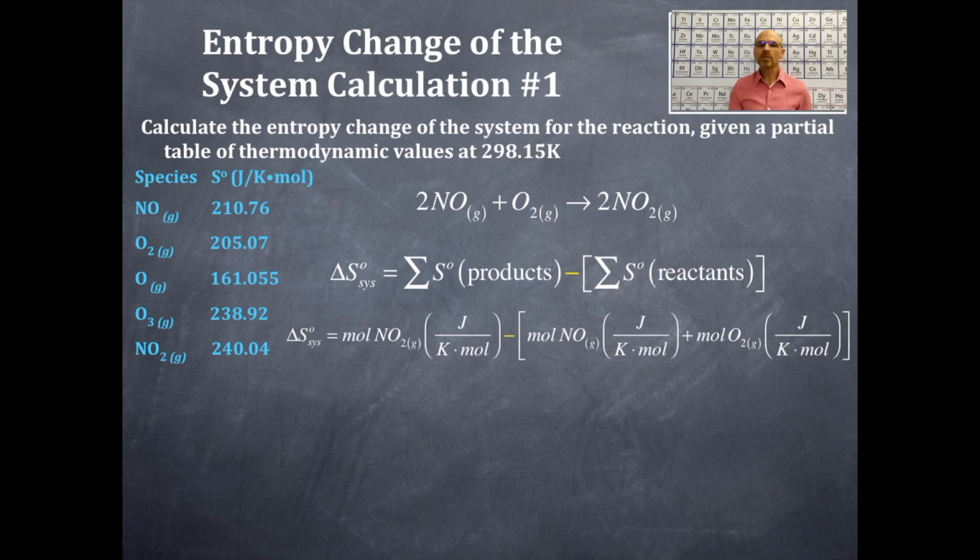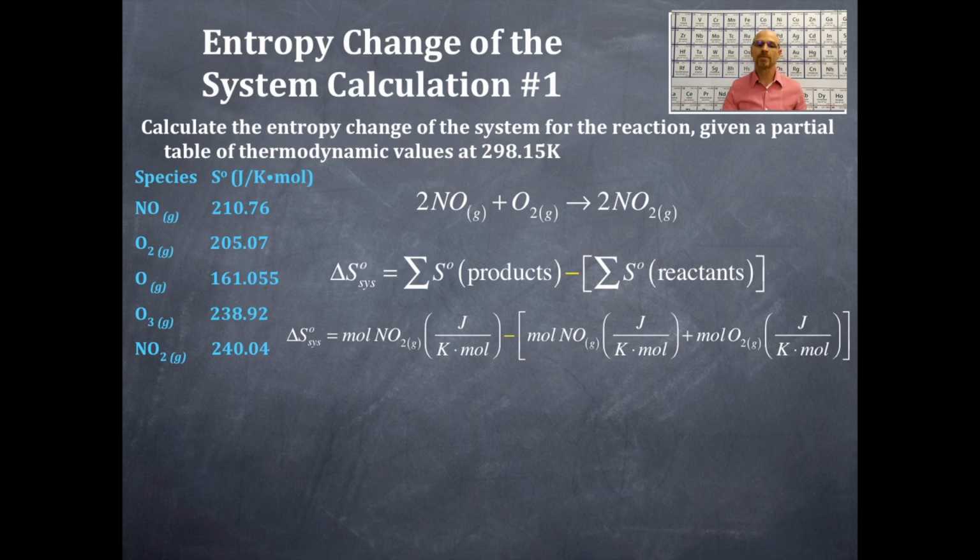I also want to take a look at that balanced equation and notice that we are starting with 2 different gases and ending with a single gas. We have 2 moles of nitrogen monoxide and 1 mole of oxygen. That's 3 moles on the reactant side, and on the product side we have 2 moles of nitrogen dioxide.